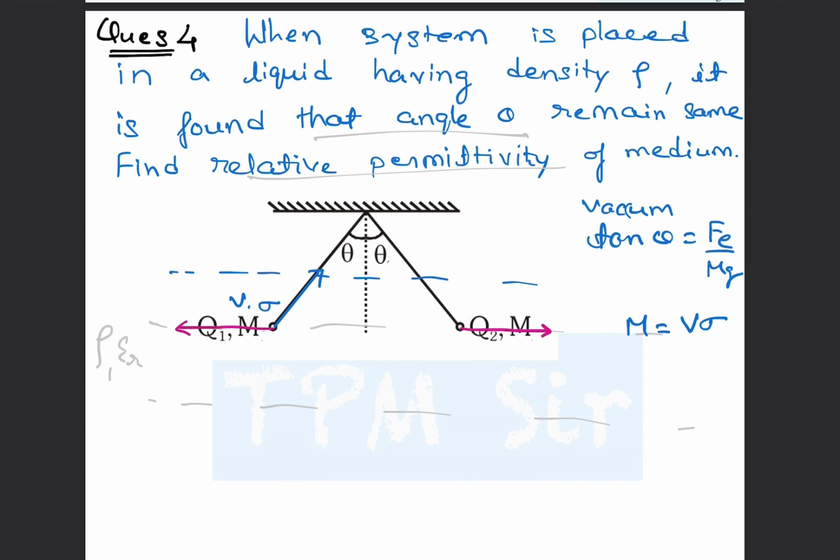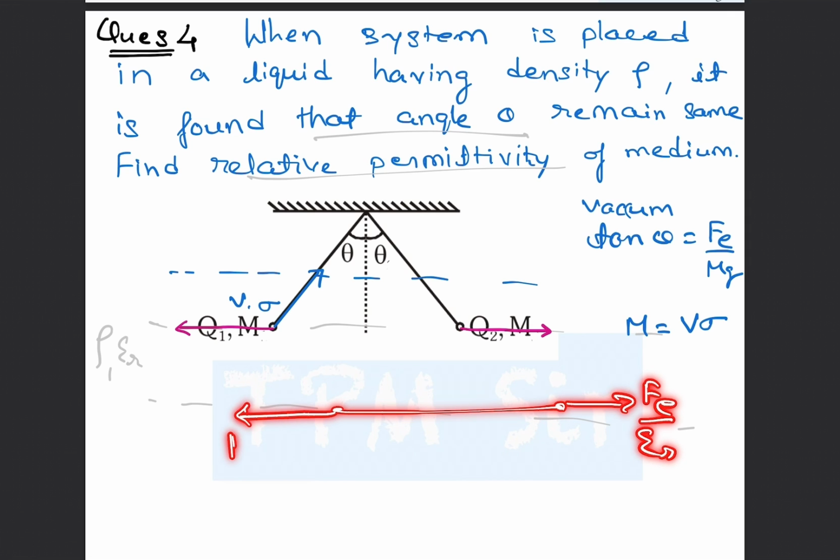If they are placed in a medium having, let's say, dielectric constant K or relative permittivity epsilon r, then the net force of repulsion between these two particles becomes Fe by epsilon r.